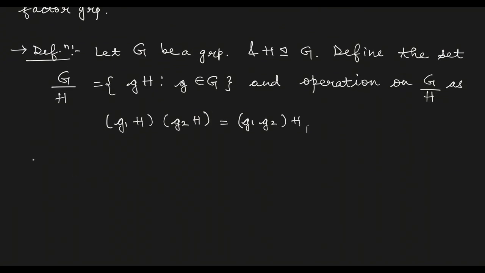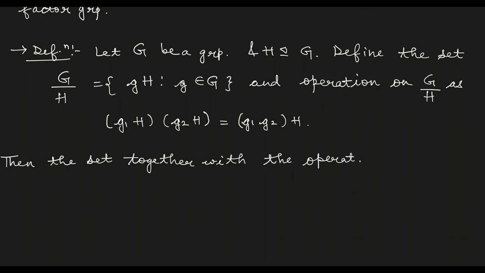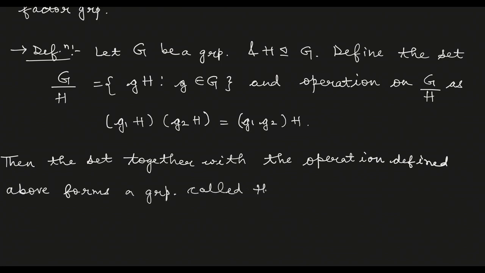Then the set together with the operation defined above forms a group called the factor group. So wherever you will see this type of groups, they are factor groups, also known as quotient groups.